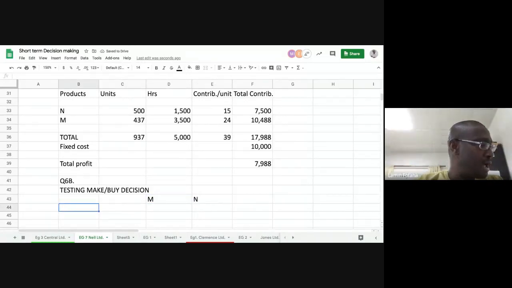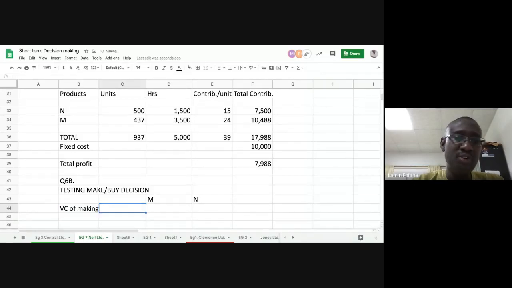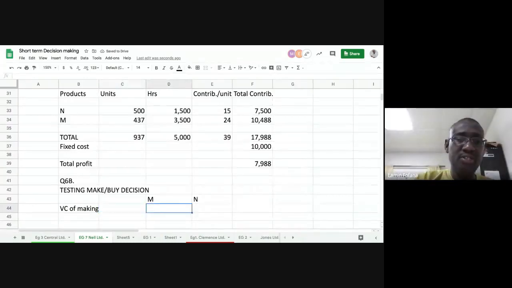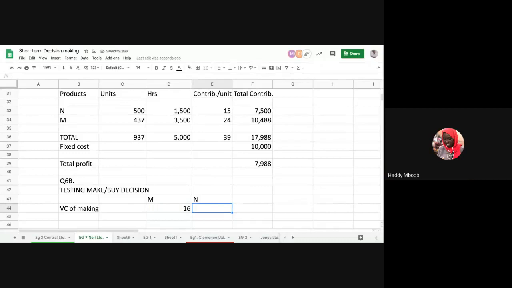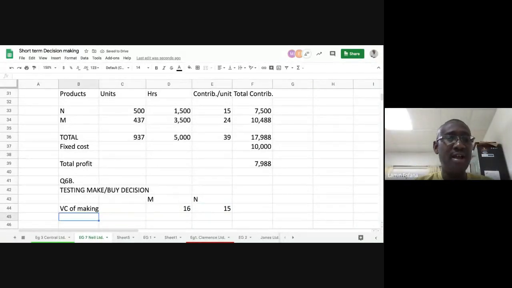What is the variable cost of making this product? For M it is 16, and for N it is 15. Excellent. What is the variable cost of buying?